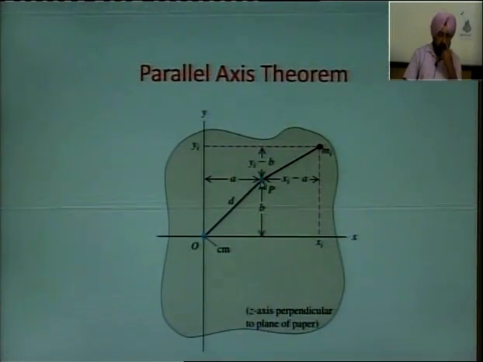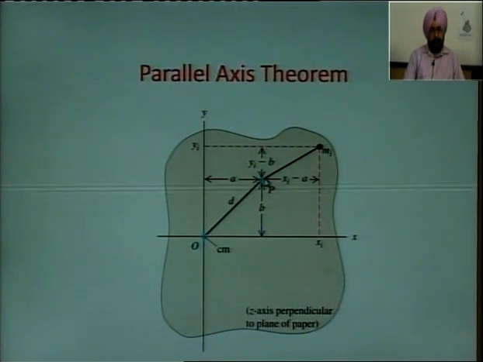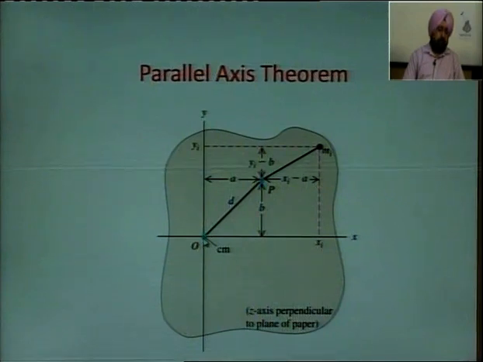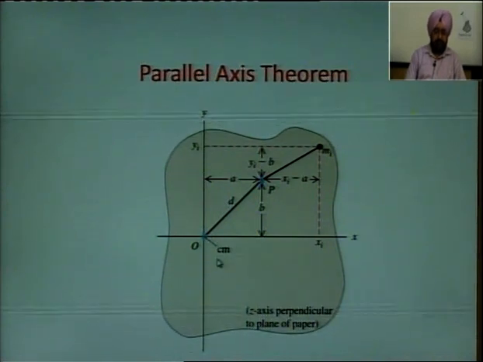So, here if you take a point P, let us say, where you want to find the moment of inertia, and O is the point where you can say the whole mass of the body is concentrated, that is the center of mass, written as Cm.